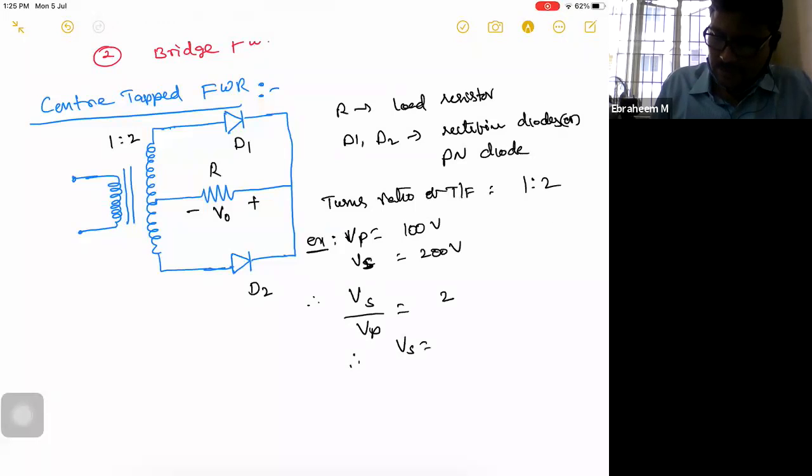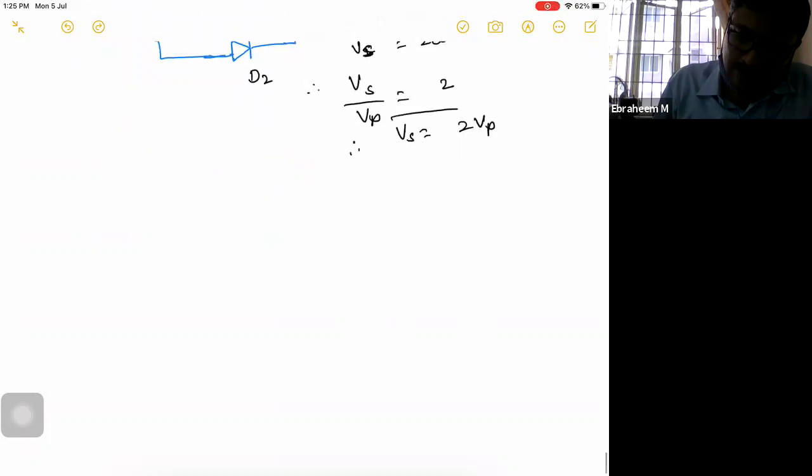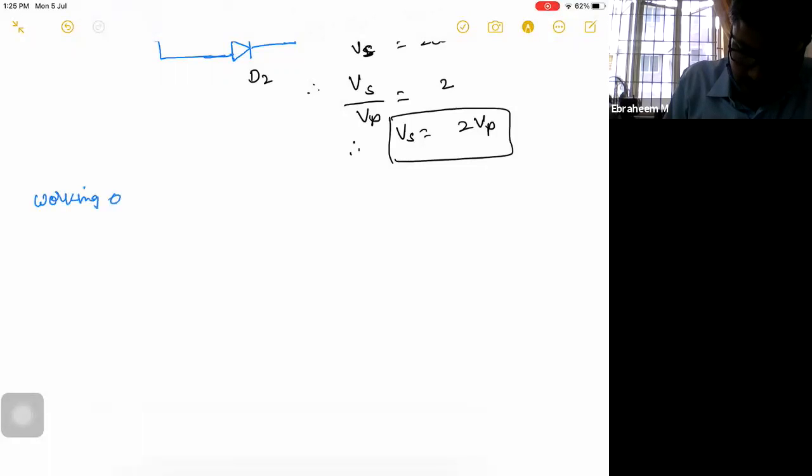Therefore, secondary voltage is equal to 2 into V primary, or Vs is equal to 2 into Vi, or Vs is equal to 2 into Vp. So let us see the working of the full wave rectifier.